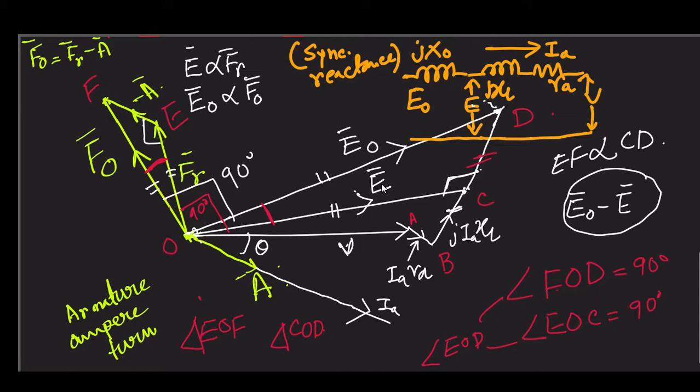Now for that E, following the cause-effect relationship, you can draw two MMF components. What are the two MMF components? One is FR, the resultant. But before describing FR, let me describe this A. This A is your armature reaction MMF. If you have forgotten armature reaction MMF, that is very good, a blessing in disguise.